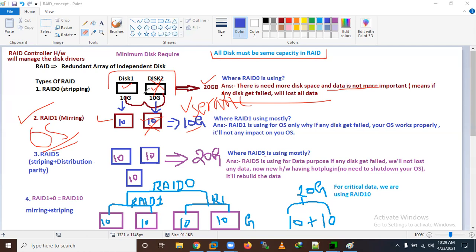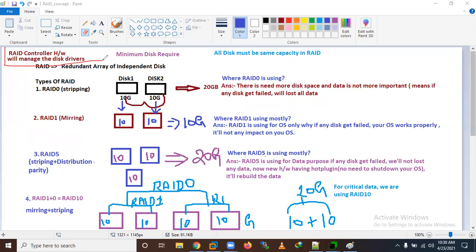So how are these disks connected? They are connected to a RAID controller hardware, for example for RAID 0, like this and like that. Similarly, here is a RAID controller and your disks are connected to it.